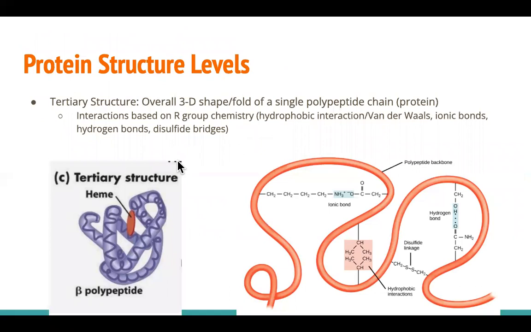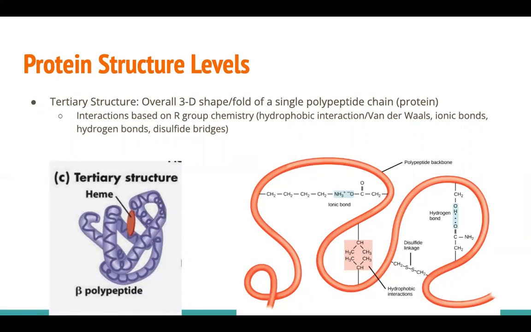Moving on to tertiary structure, or the third structure, that's when you start getting protein shape and protein folding because your R groups are being involved now. So specifically, it's a 3D structure where a single polypeptide chain is going to be folding in on itself based on the different types of amino acids it has, because each amino acid has its own characteristics, and that's what's going to cause the different chemical bonds to form.